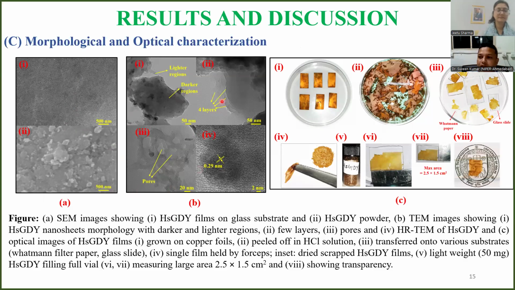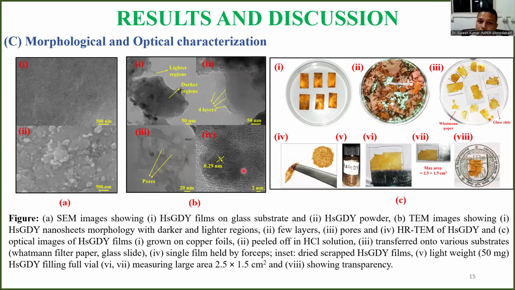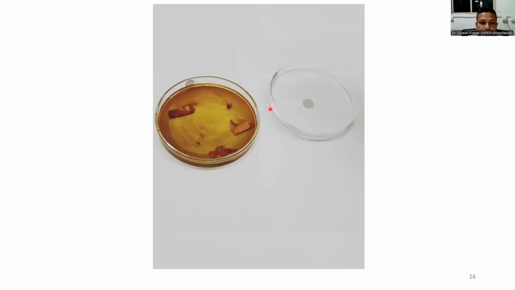In TEM we saw few layers of hydrogen substituted graphene with a porous structure. This is the key property we would like to use in the fabrication of an electrochemical biosensing platform. This is the nanomaterial we synthesized, and it also shows some transparency.